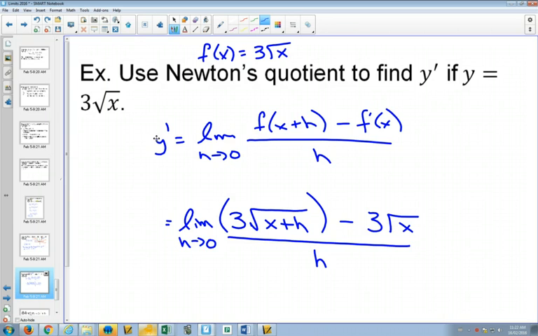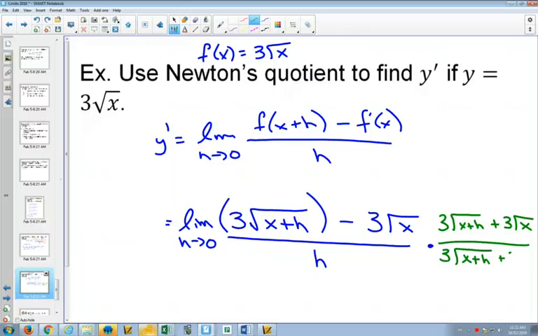Yes. This is one where we're going to multiply by the conjugate. So anytime we see square roots, this is often a strategy that we're going to have to use.